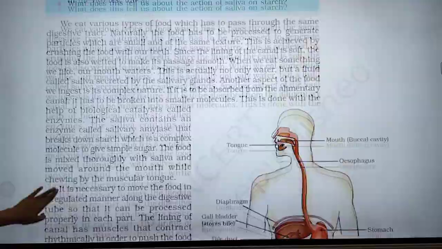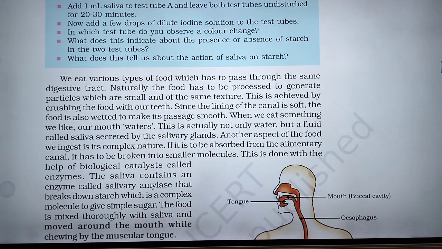We eat various types of food, which has to pass through the same digestive tract, from mouth to anus. Naturally, the food has to be processed to generate particles which are small and of the same size and texture.